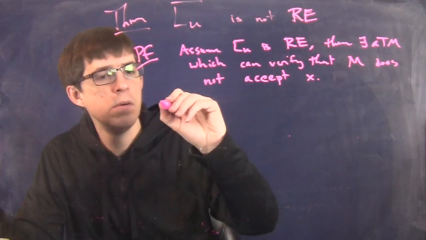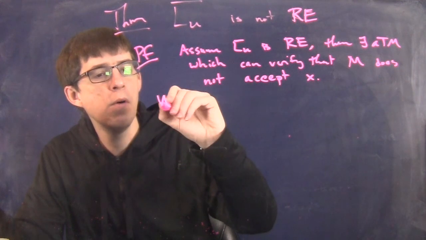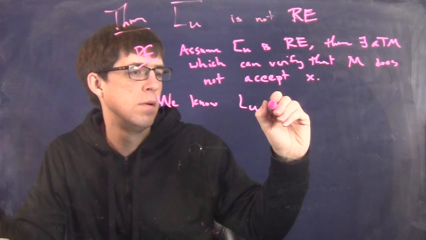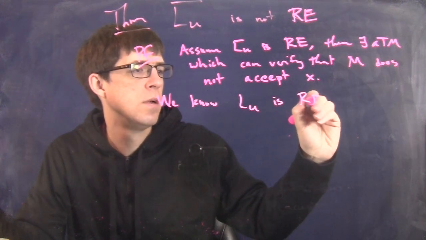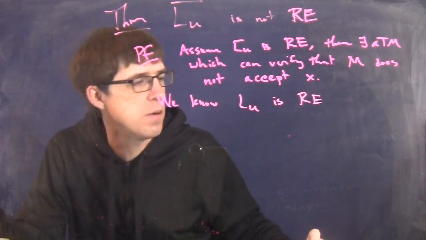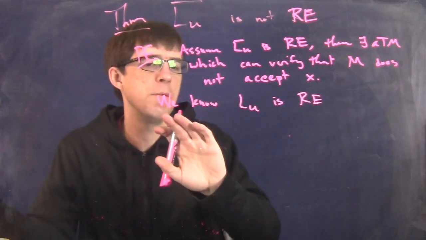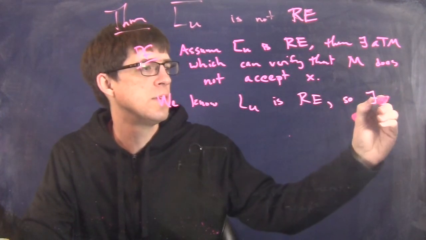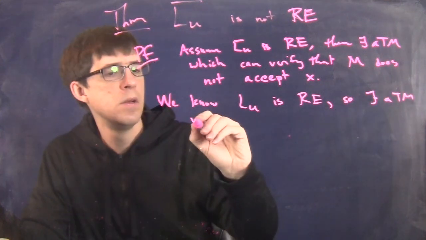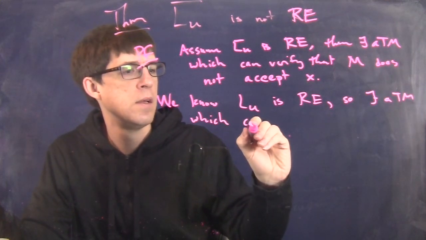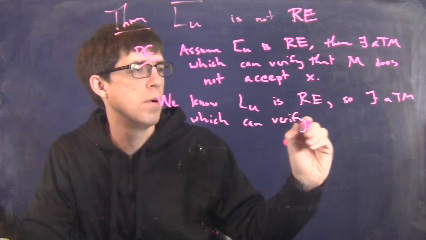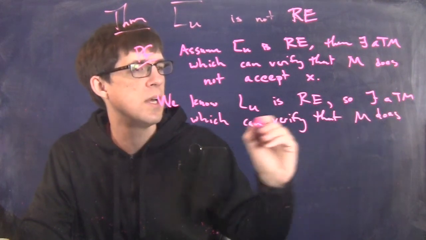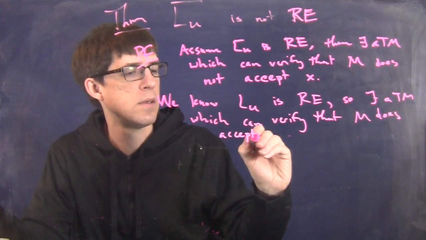Remember also, we already know LU is RE, right? It's actually RE but not recursive, but that doesn't matter so much at the moment. So we know LU is RE, so that means there exists a Turing machine which can verify, this is what I wrote earlier, that some m does accept x.